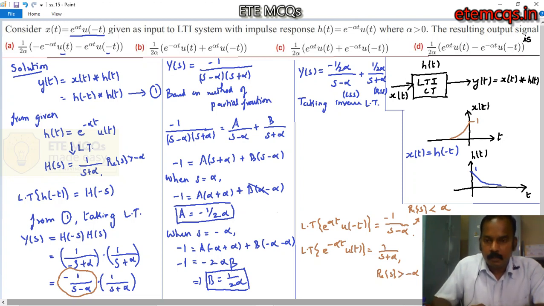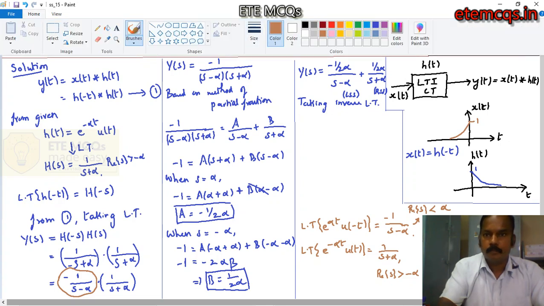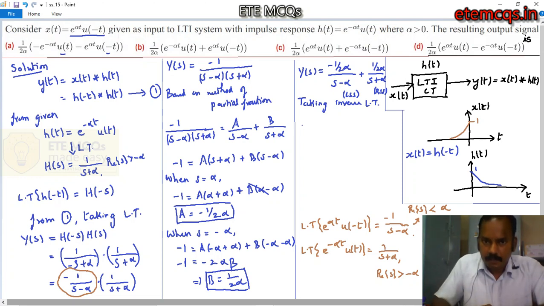Now, on taking the inverse Laplace transformation, Y of s becomes y of t, which is equal to 1 by 2 alpha, a constant, times minus 1 by s minus alpha.